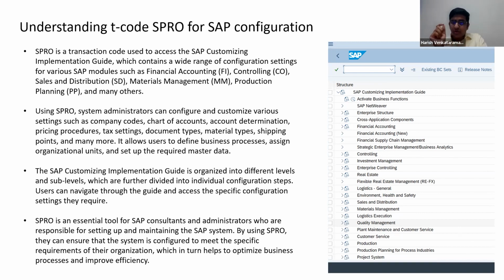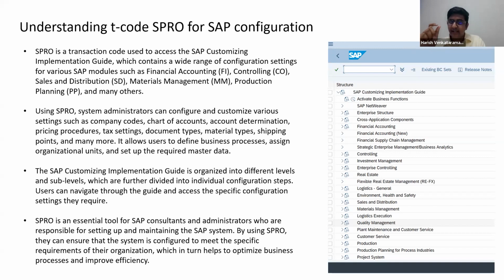Once you enter into SPRO, say, for example, you want to configure, and we will be looking at certain business P2P three-way matching controls later, some tolerances, say you don't want your invoice price to vary from your ordered price, then you can go into SPRO. This is where the exact configuration happens.